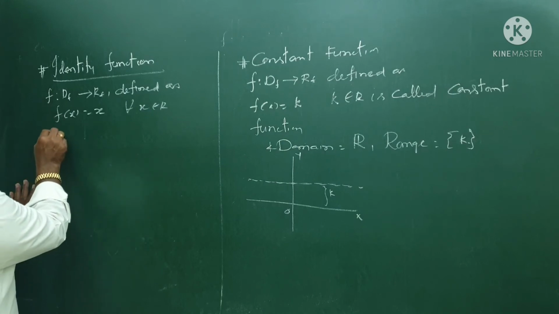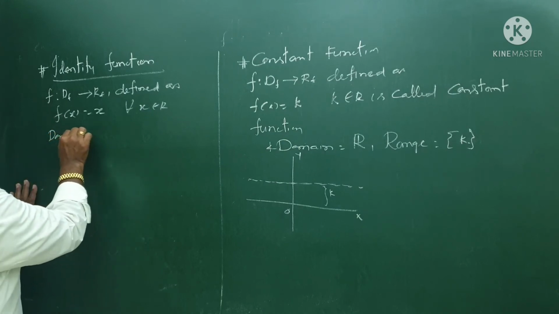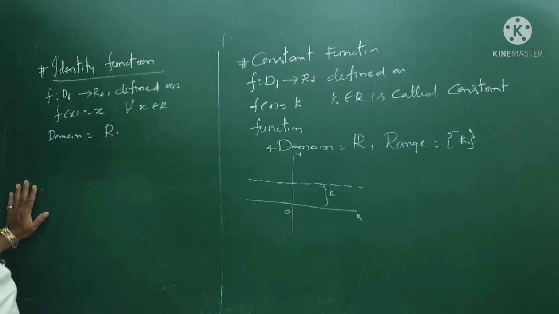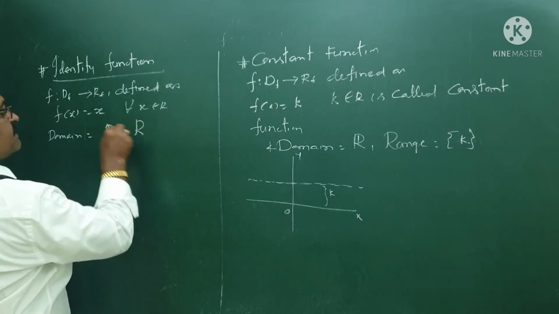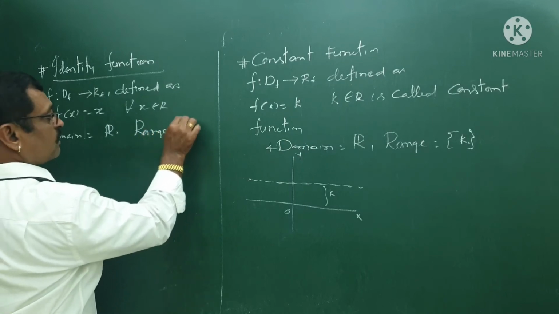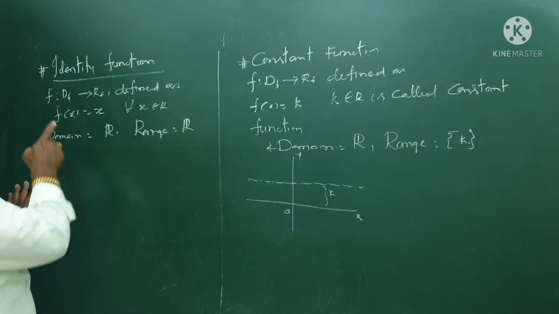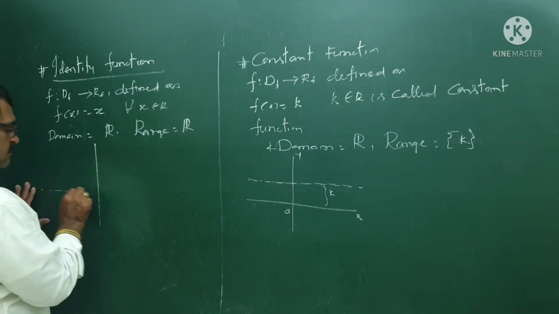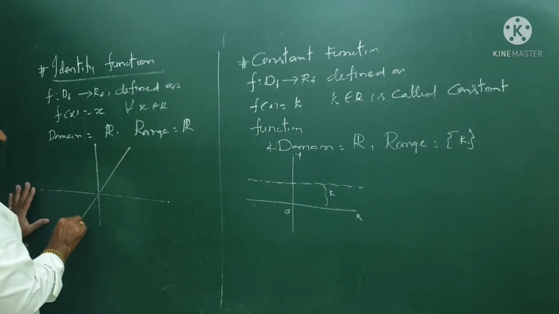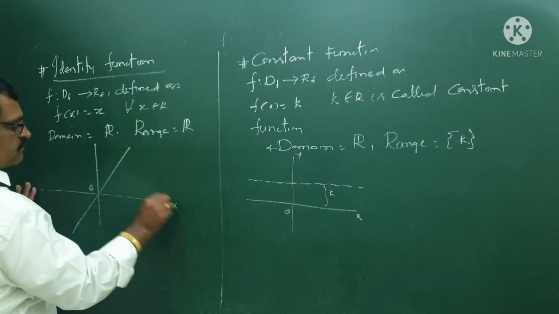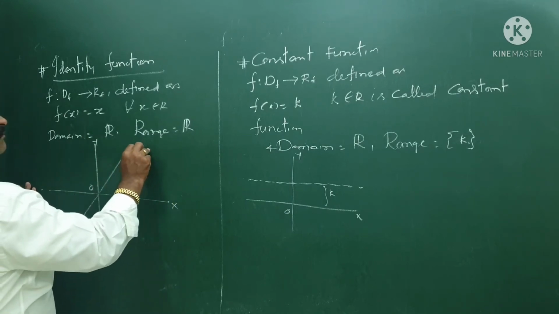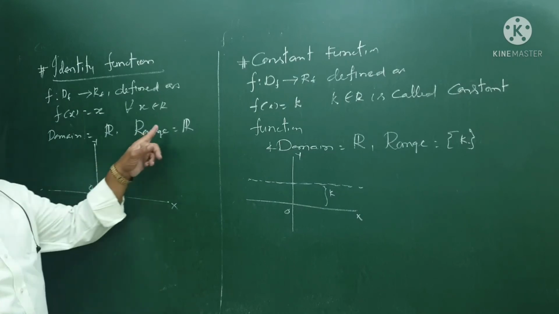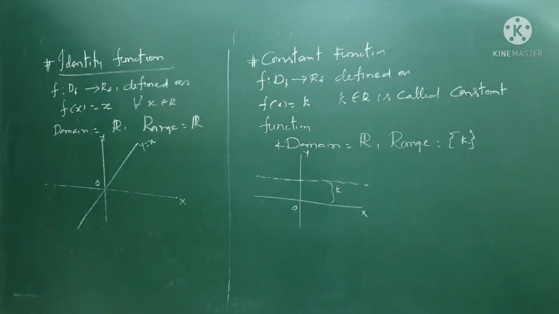Therefore, my domain will be, of course, the real number set. What is the range? The range is also the real number set. Why? Because input and output are both the same, and the graph of the function will be a straight line passing through the origin. And here also, negative infinity to positive infinity.